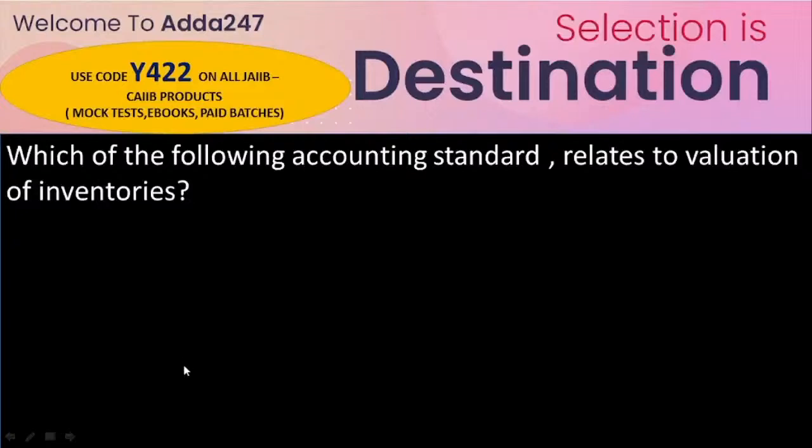Now another question related to accounting standards. The question is: which of the following accounting standards relates to valuation of inventories? The answer is accounting standard 2.